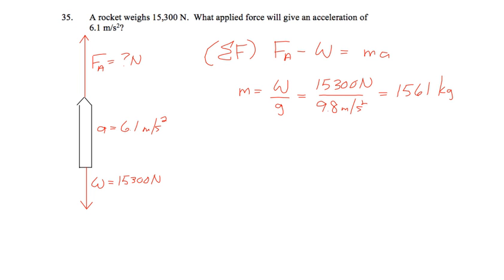And so now that we know that, we're looking for the applied force. So if I rearrange the equation above, the applied force is just going to be Ma plus W. And then you plug in the numbers. We're going to have Ma plus W. The mass is 1561 kilograms.